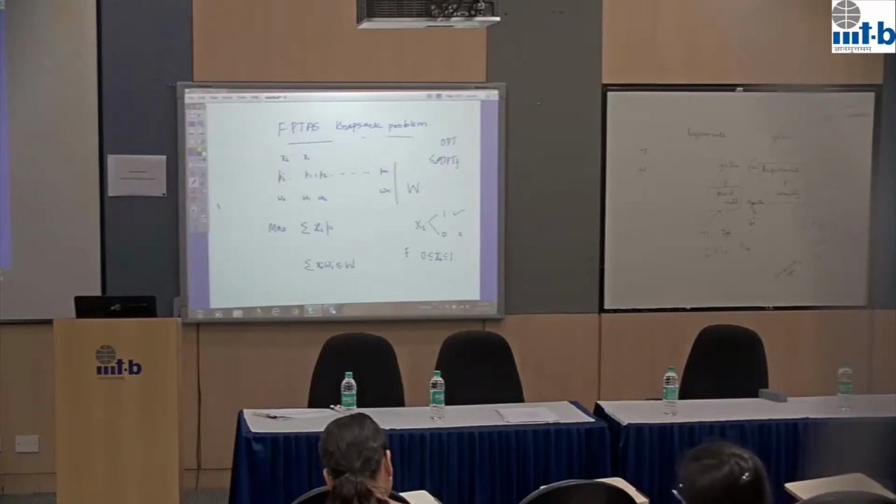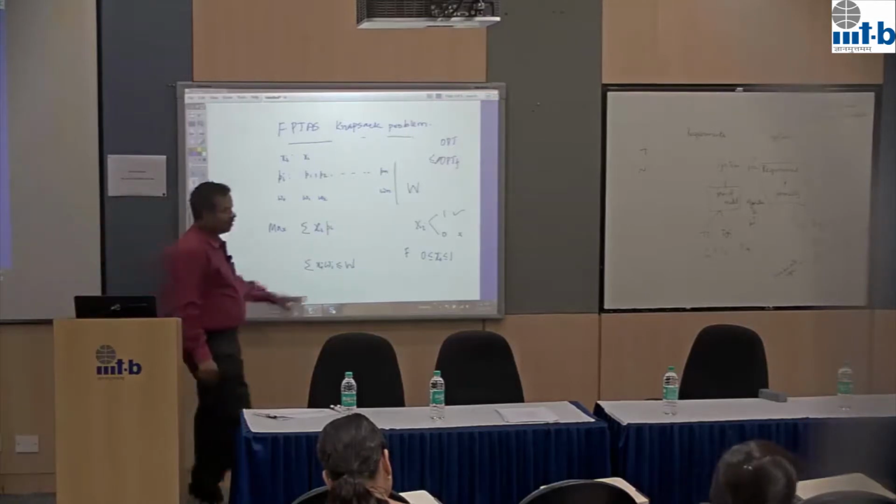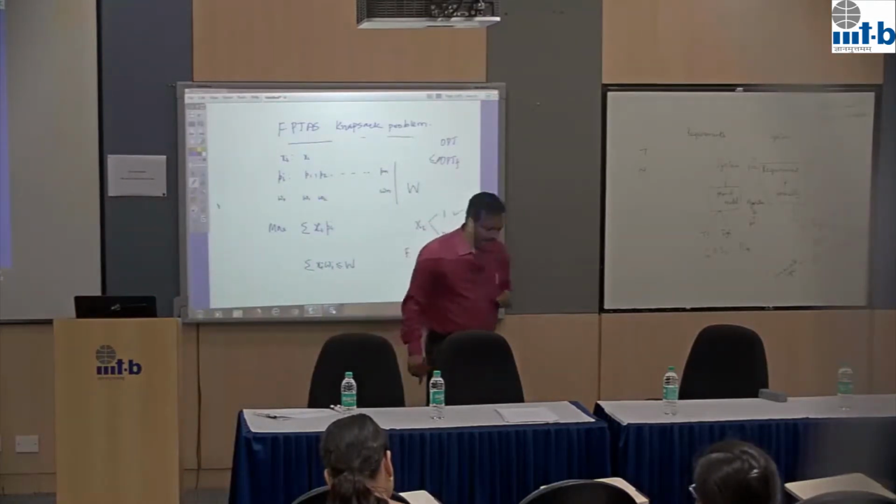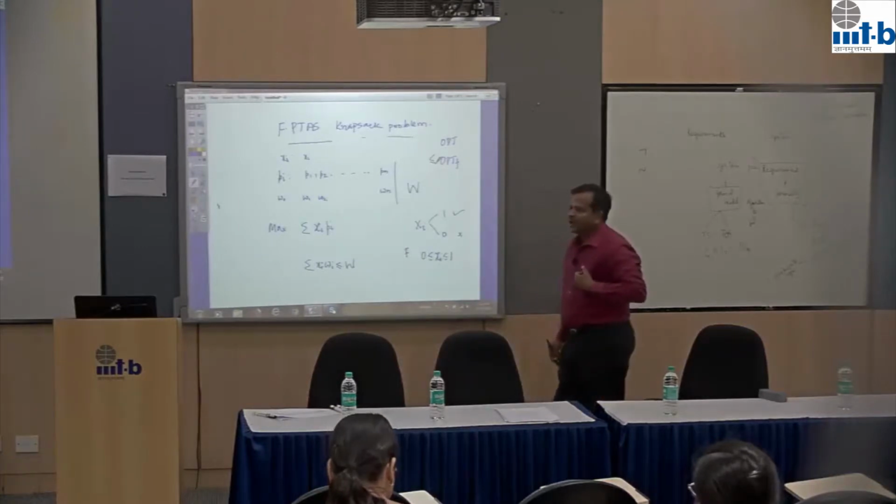If you relax this condition, you have more x of i's which will satisfy it, so your maximization, the profit, could increase. So this implies that the fractional one has a value which is greater than this.